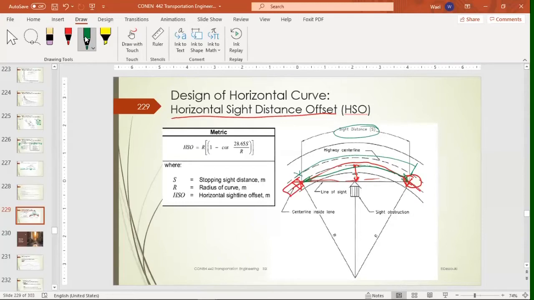So we need to have this chord clear, and the line of sight clear in this area. In order to do that, we first calculate the side distance, which depends on the speed of the vehicle. Then we have the radius, that's an input. Then we calculate the HSO.